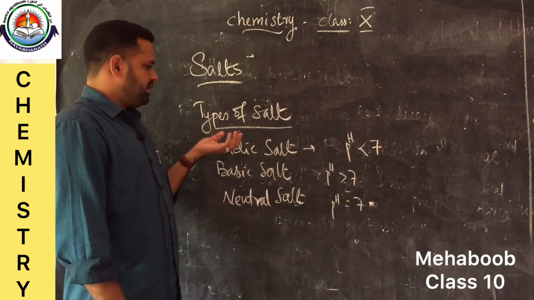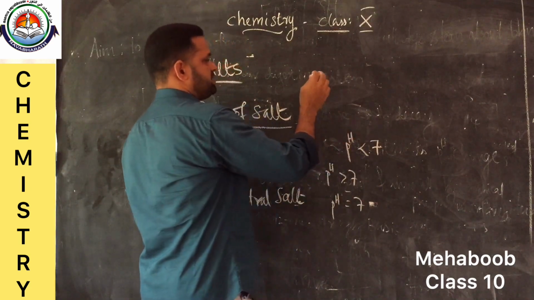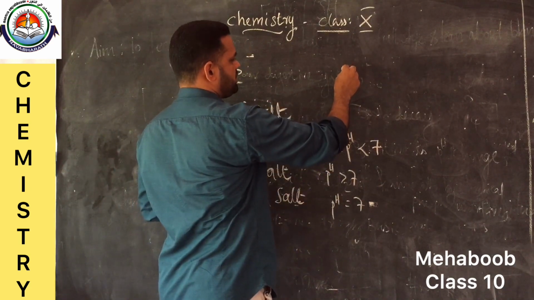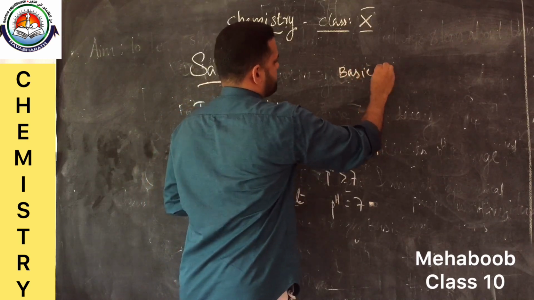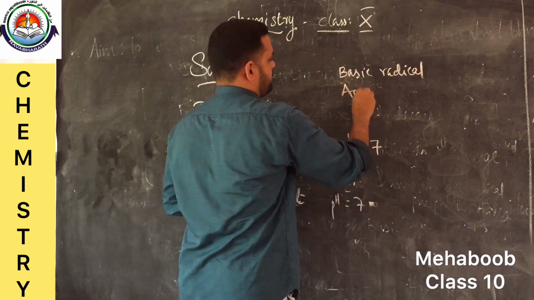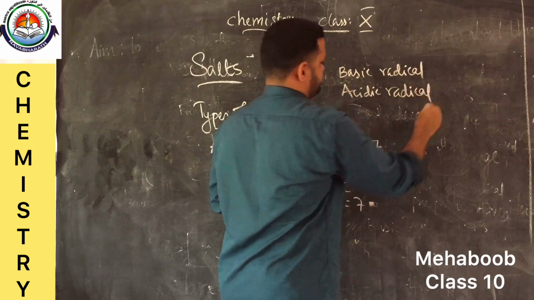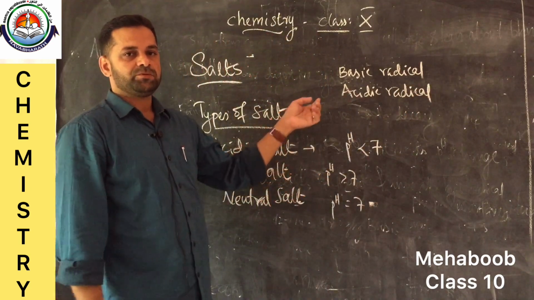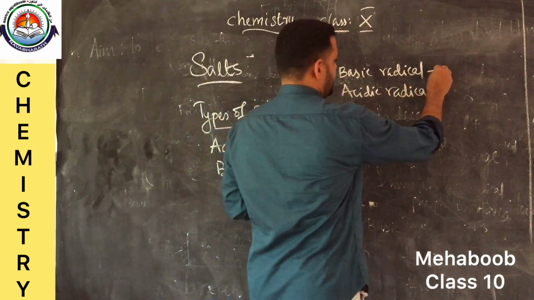In a salt, there are two types of substances, which is very important: basic radical and acidic radical.